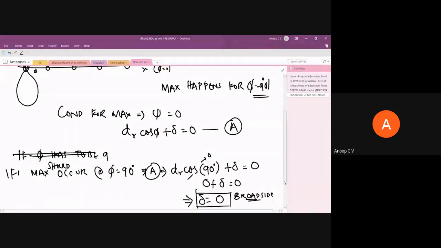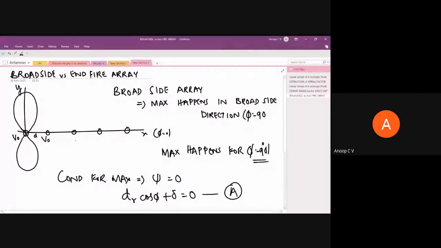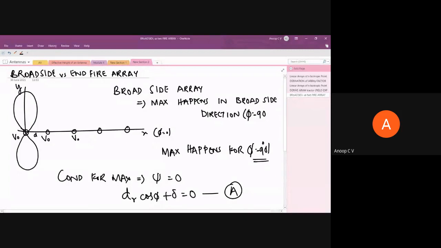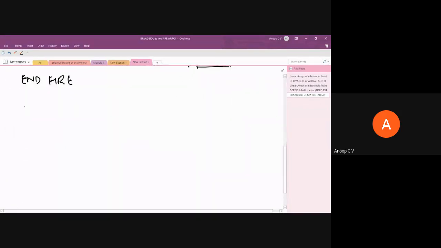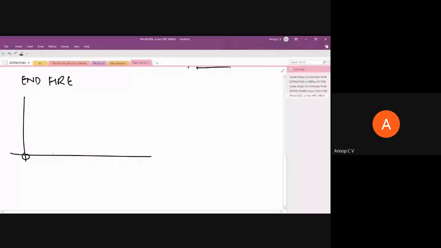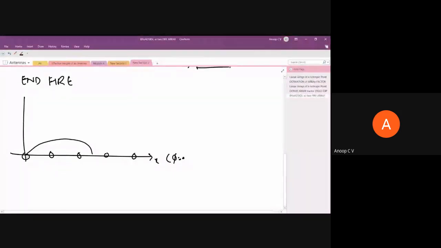Which means you should feed everything with V0 angle 0, V0 angle 0, V0 angle 0. Everything should be in phase, or it need not always be 0; it can be any common phase. That is the broadside array. Similarly, the end-fire array: if the array is arranged along the x-axis, that is phi equal to 0, the radiation maximum should happen along phi equal to 0.